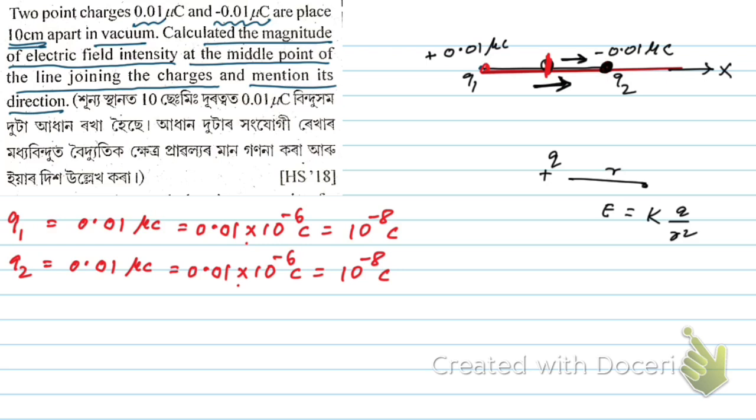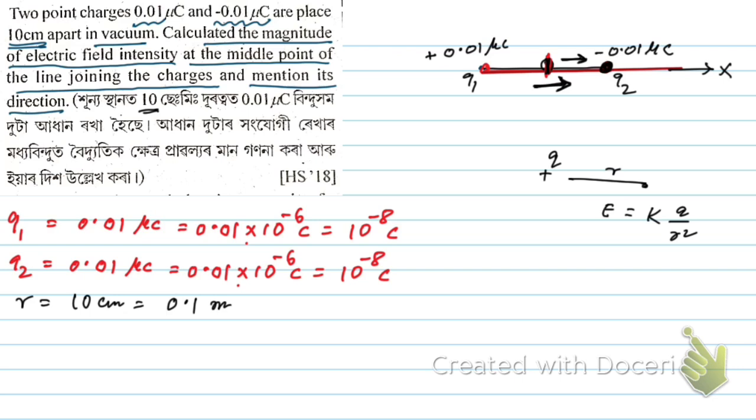So the electric field due to the positive charge at this midpoint, and these two charges are separated by 10 centimeter, this is given. So the distance between the two charges is 10 centimeter. If you convert it into meter, that's going to be 0.1 meter, right?